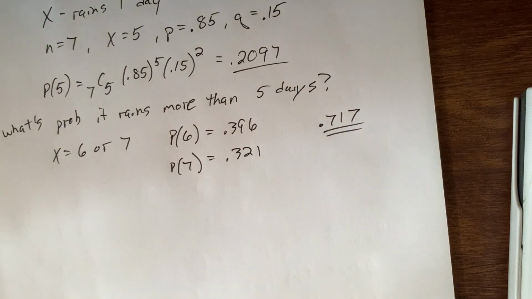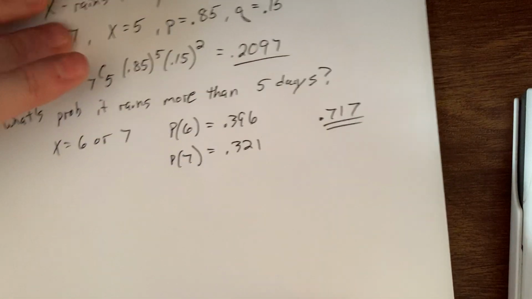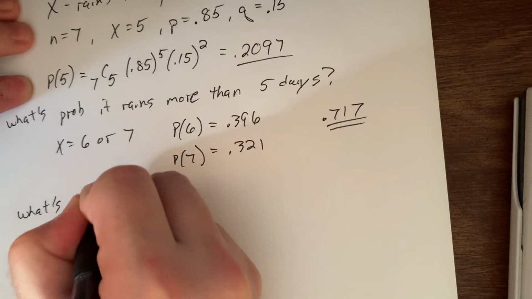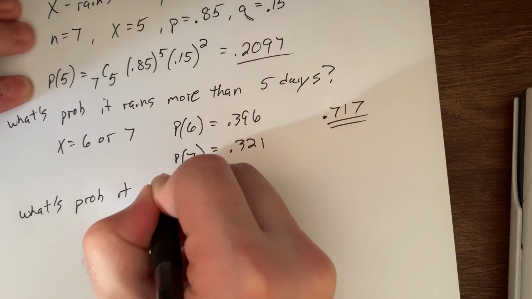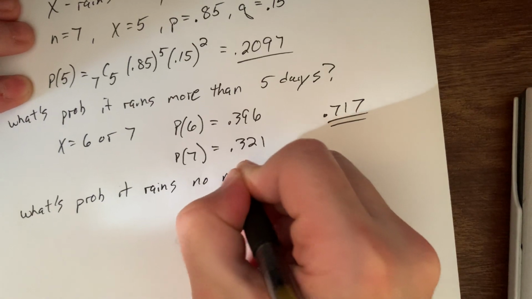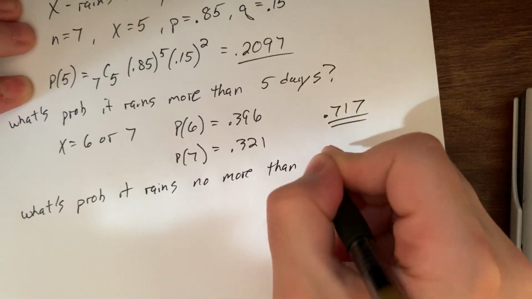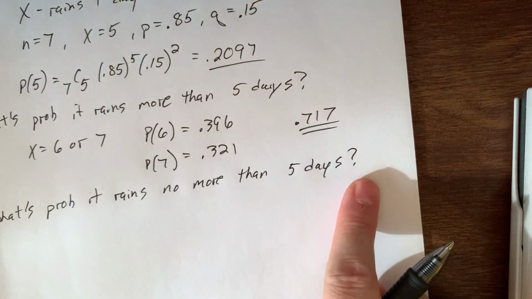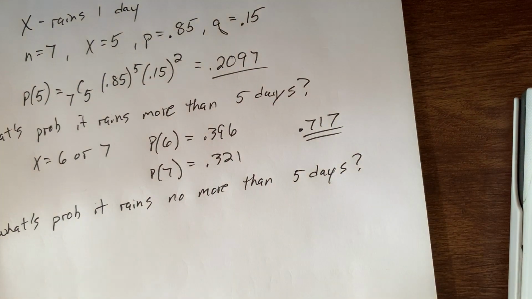And last here, I'm going to throw an extra part in, but just one more like this. What's the probability it rains no more than 5 days? Just all these little words, that's one of the biggest things.